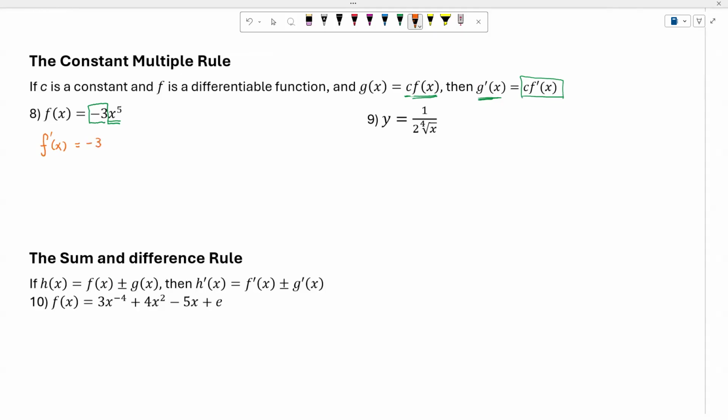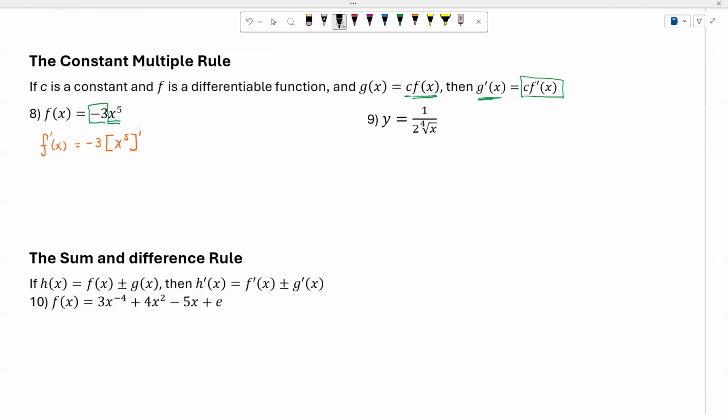I would like to take out the constant -3 and multiply it to the derivative of x to the power 5. Now remember again, the notation is using the square bracket to enclose the functions, with the prime notation. That means I'm going to take the derivative of x to the power 5 next.